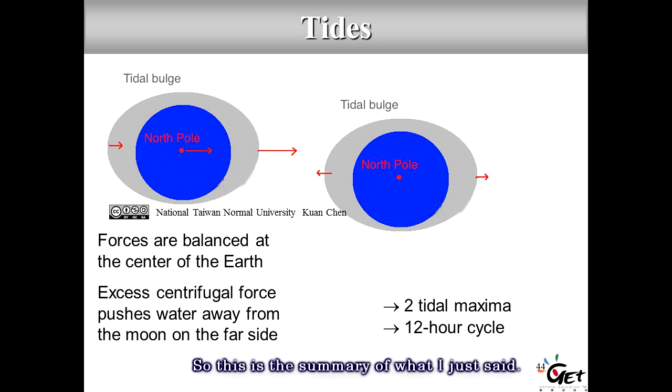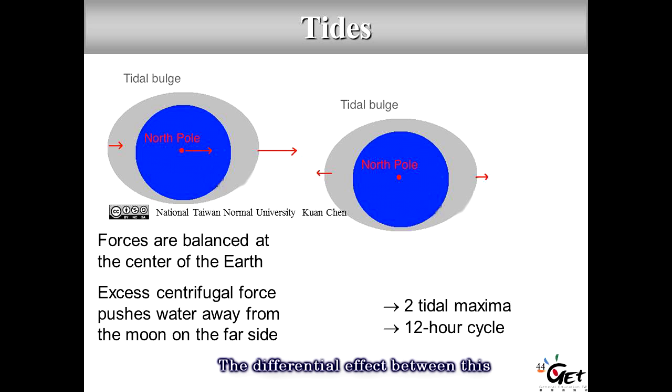So this is the summary of what I've just said. With this tidal effect, you have the moon, and the gravity is stronger on this side because the moon is closer than on that side. This is exactly like having things pulled on both sides.